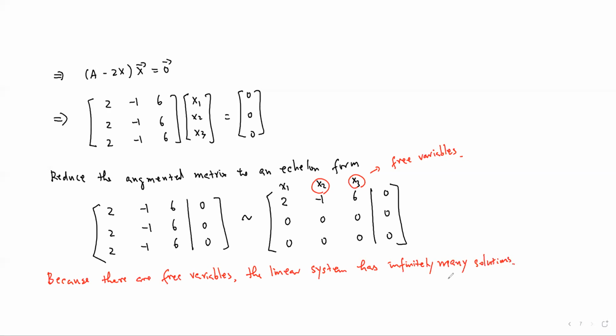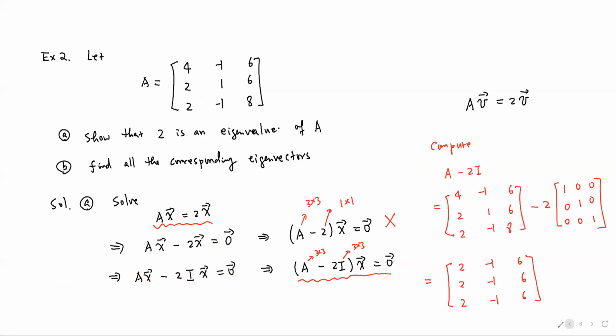So therefore, there are non-zero solutions. Go back to the original equation. This linear system has a non-zero solution. Therefore, number 2 is an eigenvalue, right? A times a non-zero vector is 2 times the non-zero vector.